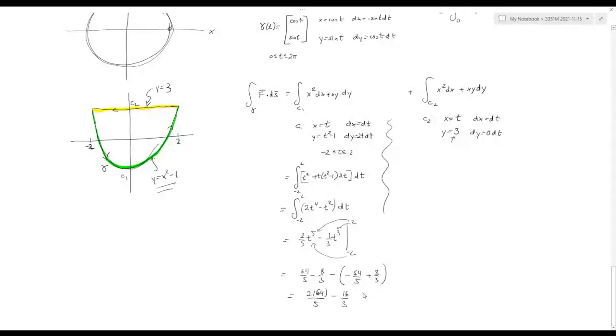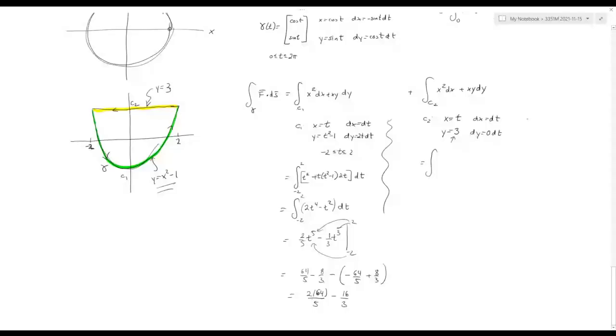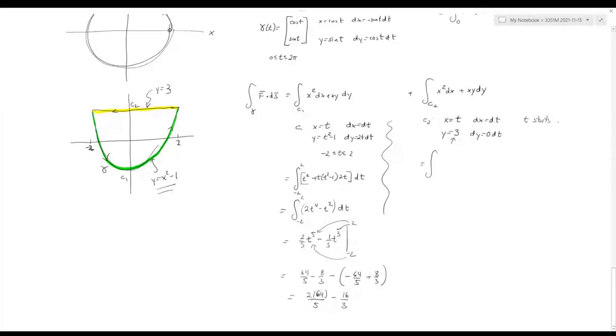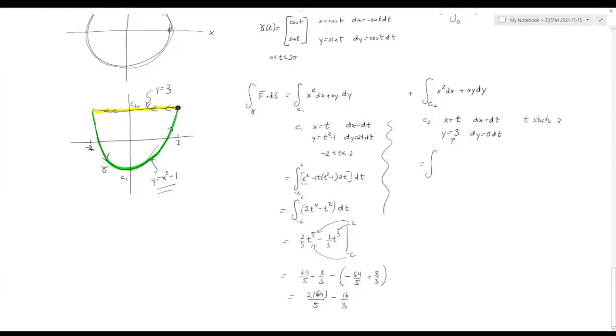Because we have to do C2. Right, okay, well that's easier though. Because t starts at 2, because x starts at 2, and then t decreases until t becomes negative 2.